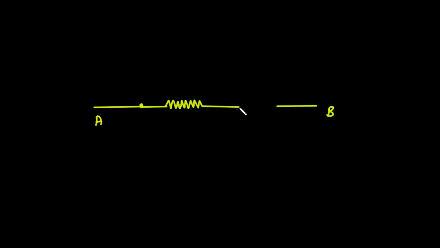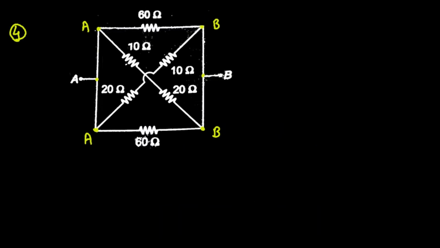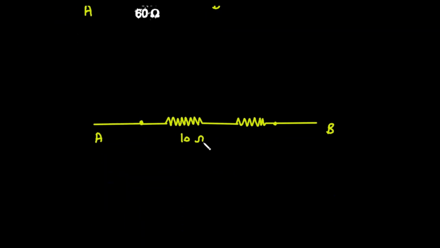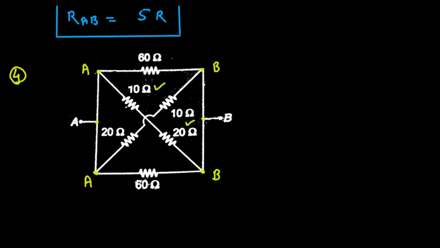This is one resistance and this is the second resistance. So this is 10 ohm and this is 20 ohm. So this is also completed and this is also completed. So 10 ohm plus 20 ohm. Now next, again this 20 ohm and this 10 ohm, they are connected in series. Here we can see this is the jumper.